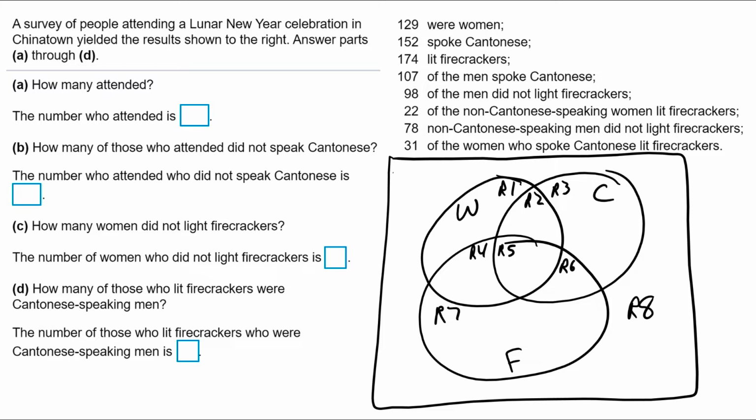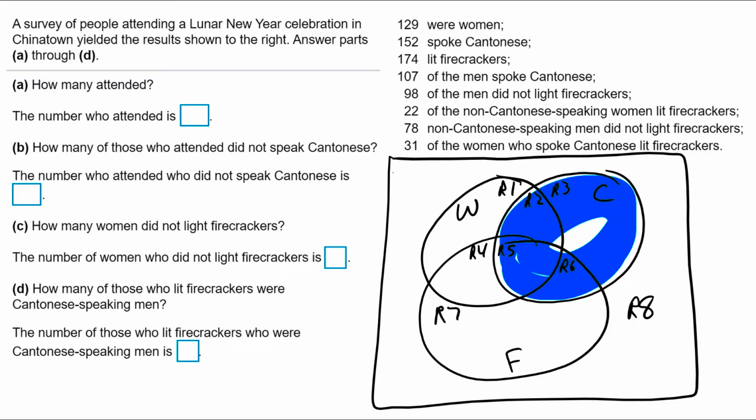So, for example, we don't need a different circle for Cantonese and people who don't speak Cantonese. In the Cantonese circle are people who speak Cantonese. Everyone not in that circle doesn't speak Cantonese. We don't need a separate circle for it. It's just by definition, if they're not in the circle, then they are outside of it.